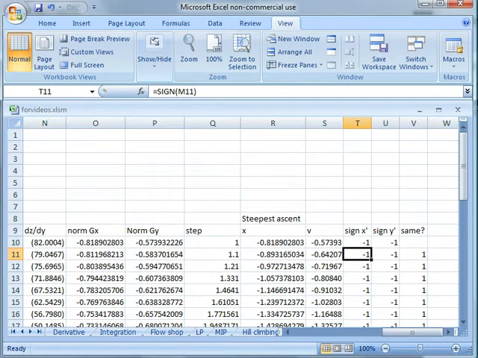And if they're going in the same direction, I'm going to take the decision to increase my step size by 10%. And then the steepest ascent components are the vectors that I originally had, now multiplied times 1.1.